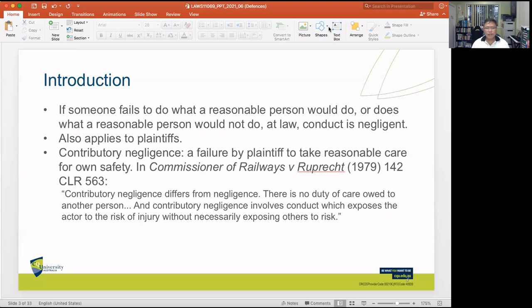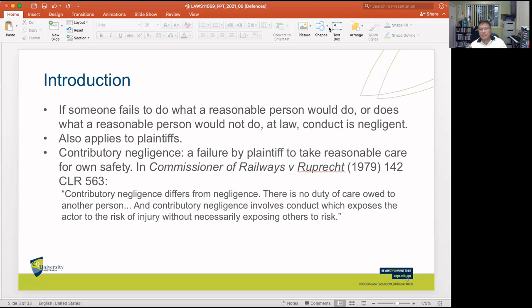Okay, now, so in essence, when we talk about contributory negligence, it actually signals that the plaintiff failed to take reasonable care for his or her own safety. So in Commissioner of Railways versus Ruprecht, which we talk about further in this particular lecture video, the High Court said that contributory negligence differs from negligence because there is no duty of care owed to another person as far as contributory negligence is concerned.